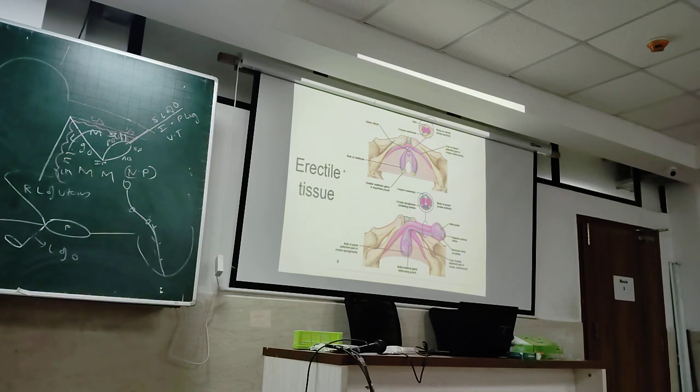So it's not a pouch at all, it's a space. In this space lies erectile tissue. Attached to the ischiopubic rami is the crus of penis or crus of clitoris.